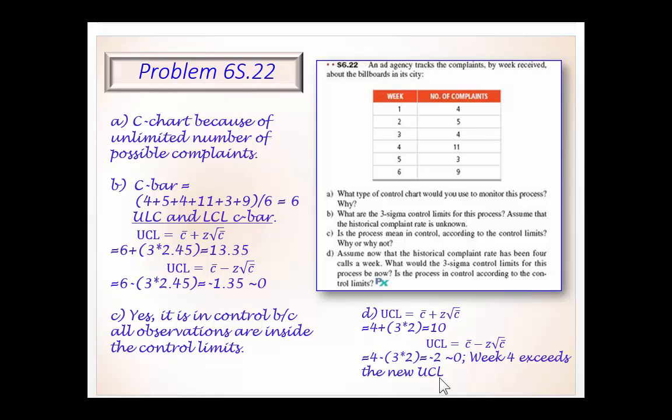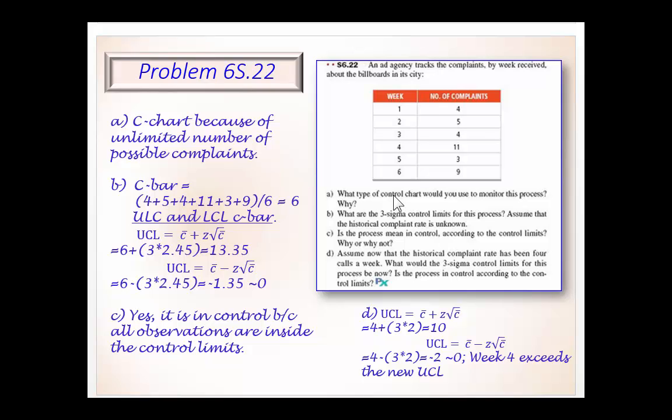So much like I summarized the P chart, this summarizes the C chart really. Basically, we use the C chart when we have an unlimited number of possible complaints, which is what I have here, an unlimited number of possible events, whatever they are. We calculate the standard deviation by taking the square root of the mean because of the type of distribution.